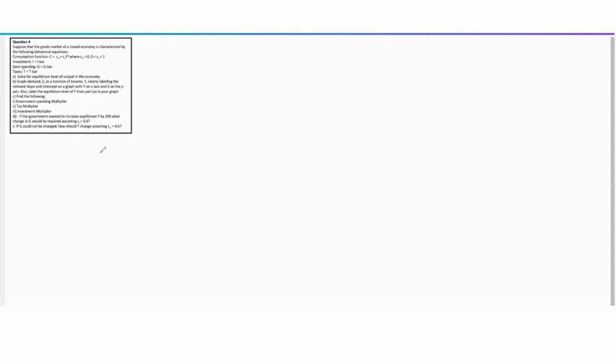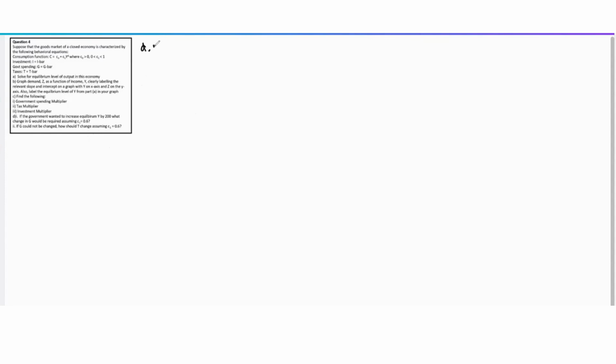So now, to do part D, like we just discussed, the multiplier tells us how much equilibrium output changes due to a 1 unit change in autonomous spending.